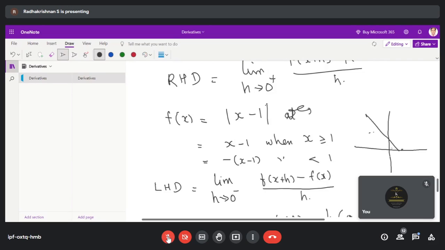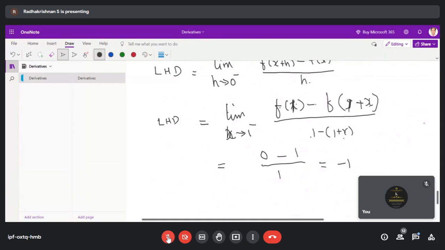Up to 1, it goes like this. This is the modulus function, because everywhere it has to be positive. Here, when x is negative, it takes minus of minus. So you can see that here the slope is minus 1 and here the slope is plus 1. Right? So here it is changing in a negative manner and here it is changing in a positive manner. So that is what you get.